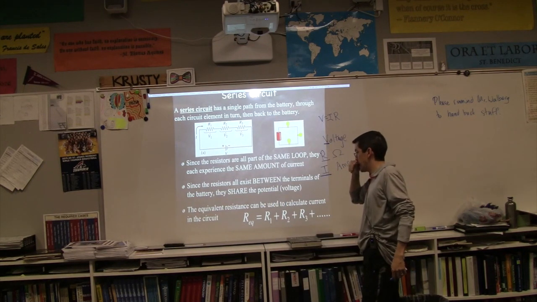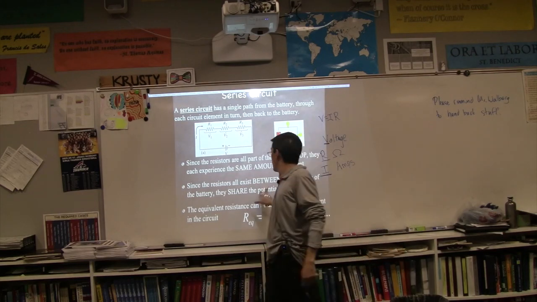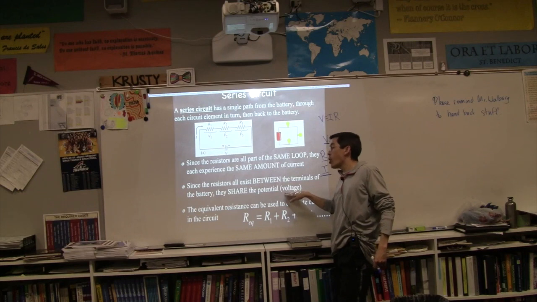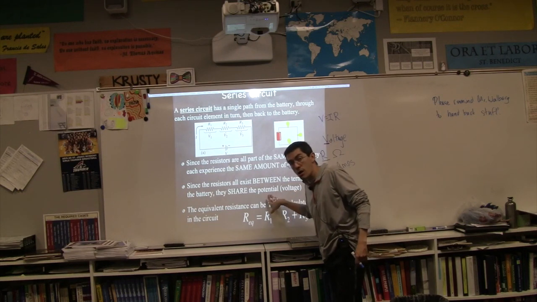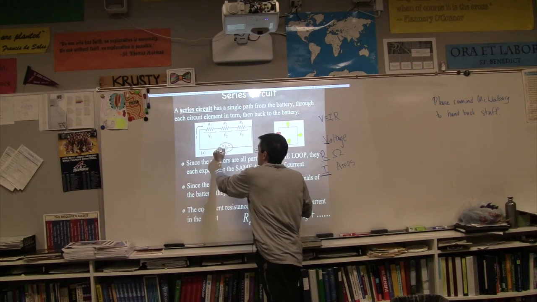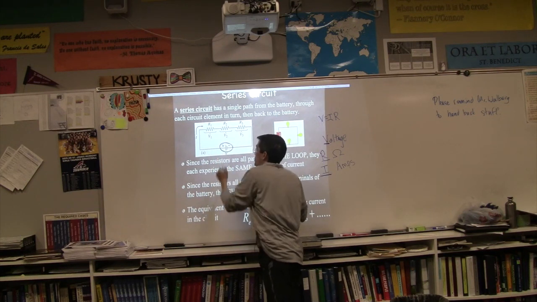In terms of voltage, this is what we say here in your notes: they all are going to share the entire voltage that is provided by this battery, that entire electrical potential.